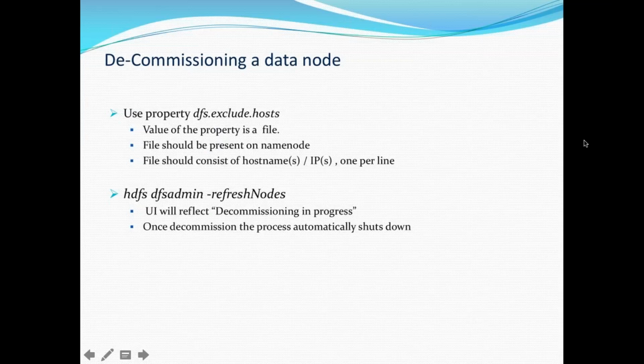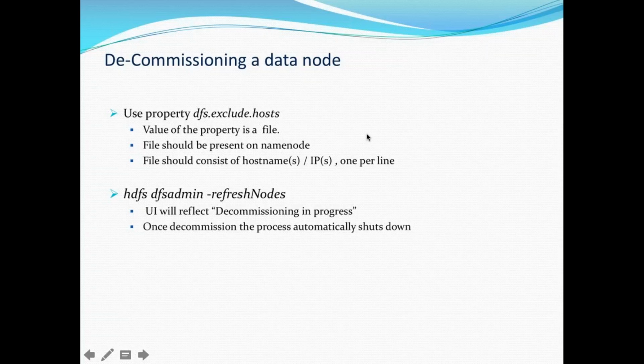Now, what do we mean by decommissioning? As I previously explained, decommissioning is graceful removal of node, and this process could be lengthy, which depends on the number of blocks the machine has. Also, the decommissioning will result in increased network activity because the blocks have to be copied to the other machine via network.